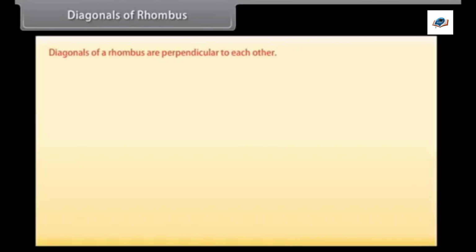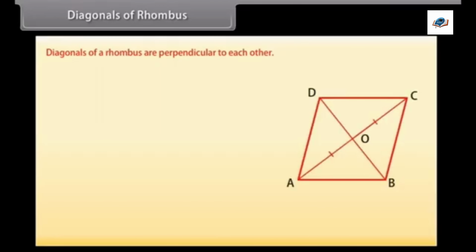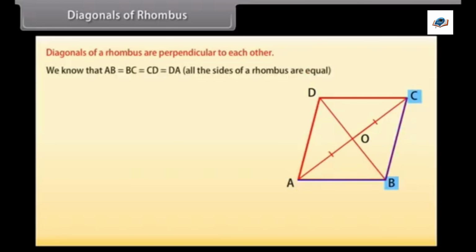Diagonals of a rhombus. Let us now prove that the diagonals of a rhombus are perpendicular to each other. Consider the rhombus ABCD. We know that AB is equal to BC is equal to CD is equal to DA because all the sides of a rhombus are equal.